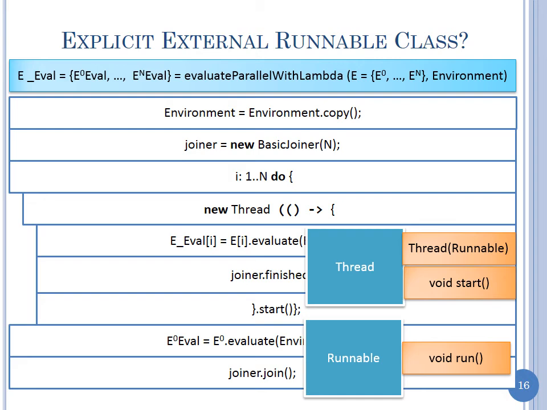Scoping issues. Here, all these variables, i, joiner, are directly accessible, right? Now what will have to be done is that somehow these variables have to be accessed by this external class.